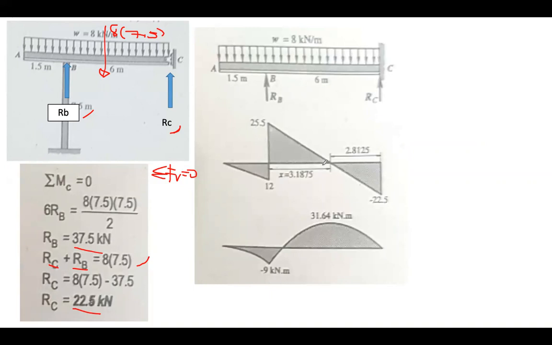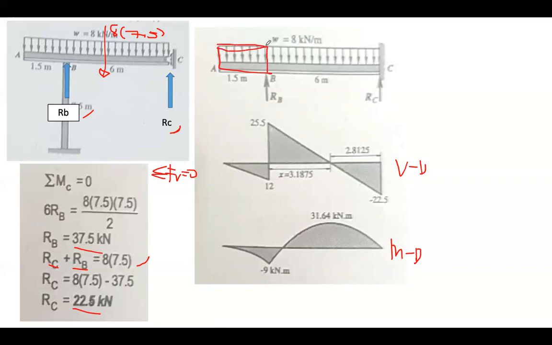Now, how did you come up with this shear diagram? This is shear diagram, and then this one is moment diagram. Okay. So as we discussed last time, the area of the load diagram is just equivalent to the shear. So if you're going to compute this one, this is just the area of a rectangle.